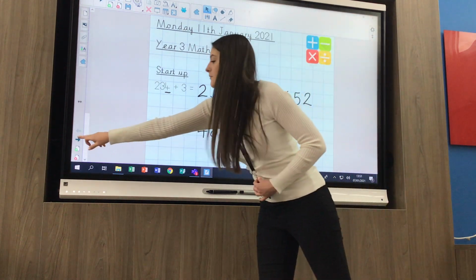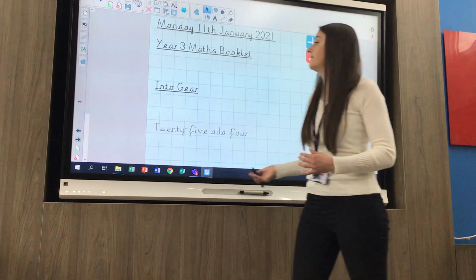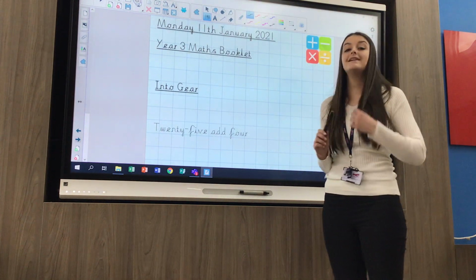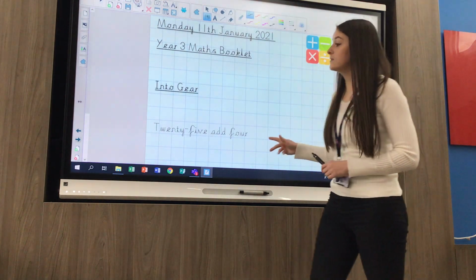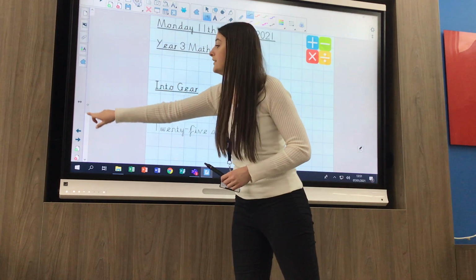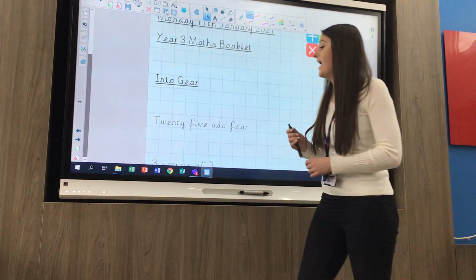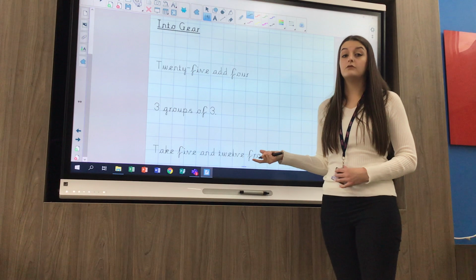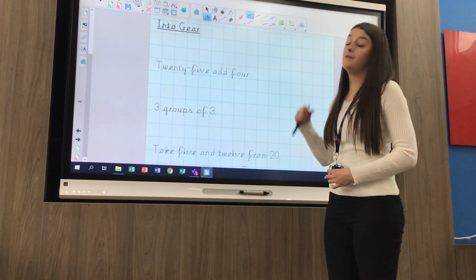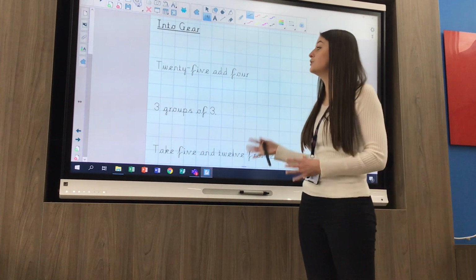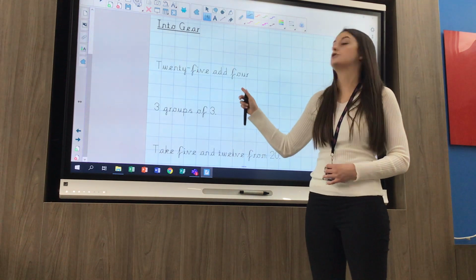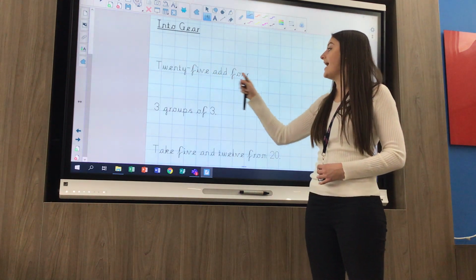So moving on then to the next section on that first page, it's called into gear, okay? Now these questions are a little bit trickier, and you'll notice that some of them have words, and some of them have numerals. So when we look at the first question, 25 add 4.